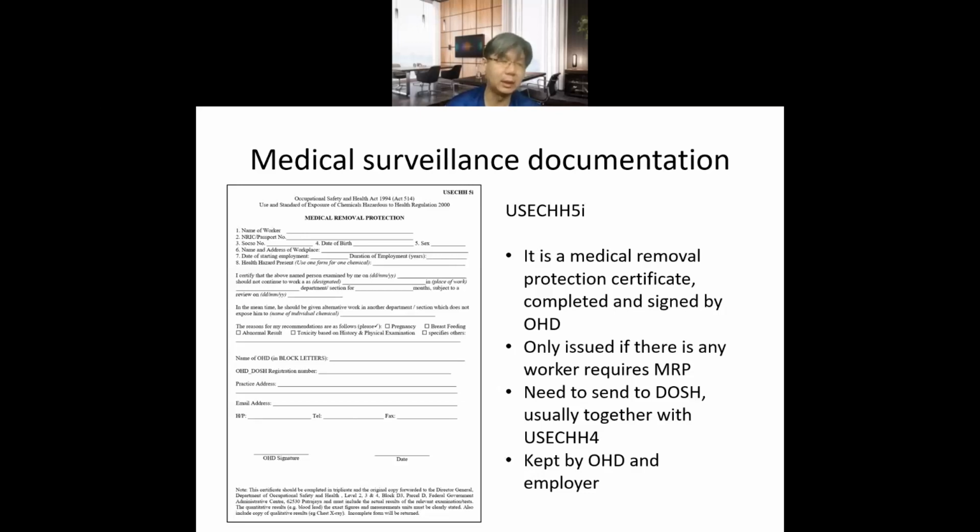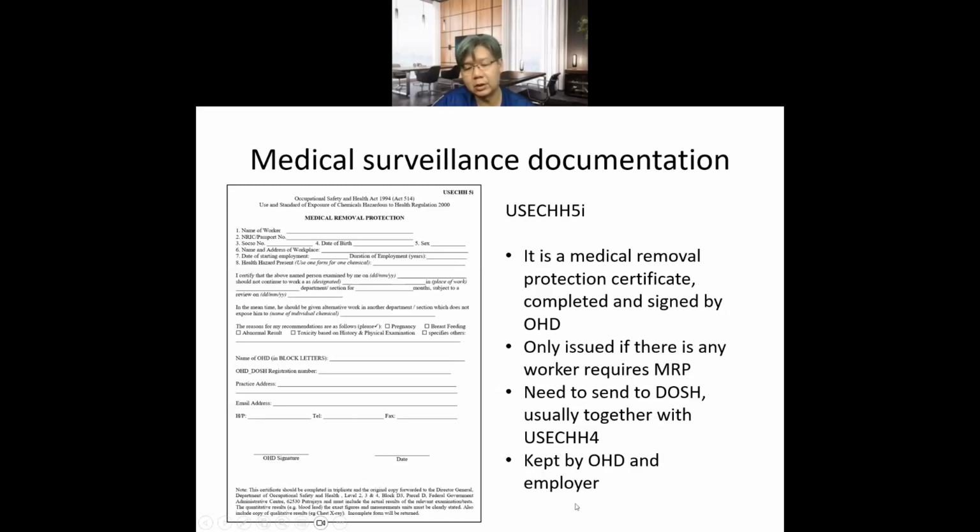After 3 months, we will review again, see whether the symptoms are still there or not, see whether the urine nickel level is still high or not, and so on. So when we say remove, he cannot work in the nickel exposed area, but he can still work in other areas. It can be a general area or a packing area or preparation, etc. So that is the idea of this medical removal protection.